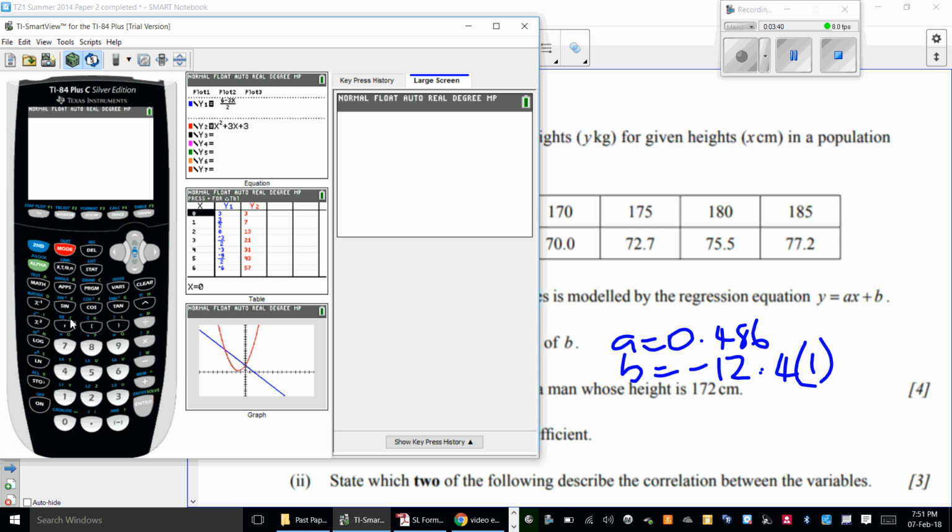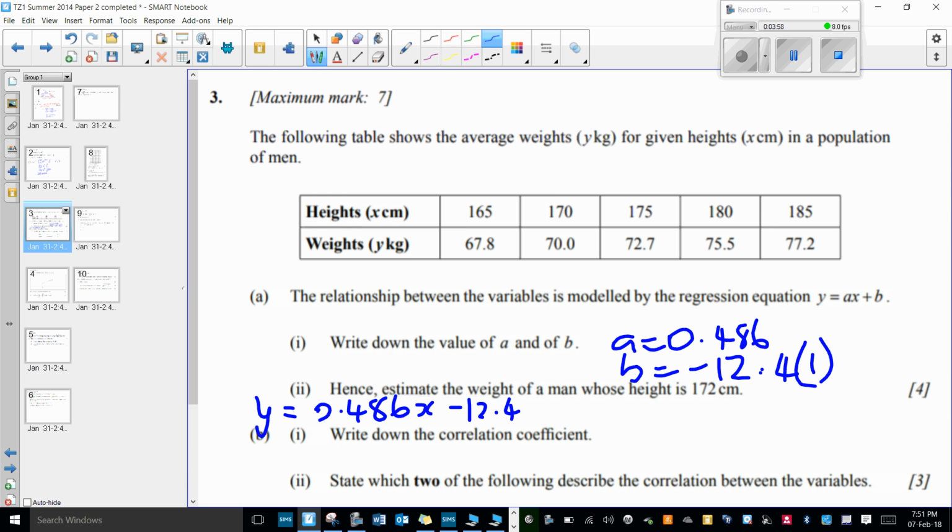So 0.486 multiplied by 172, subtract 12.4, 71.19. So that's 71.2. We're talking about weight, kilograms.